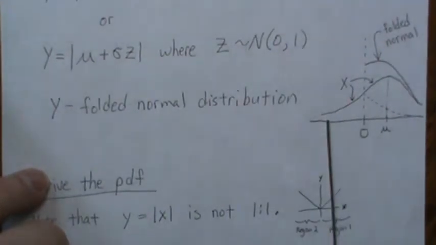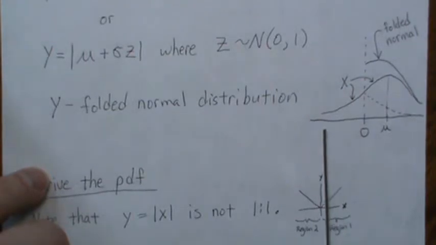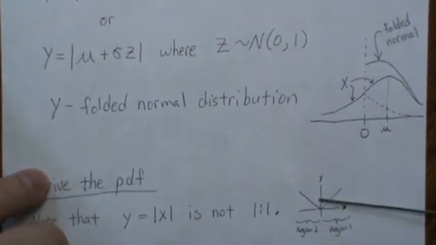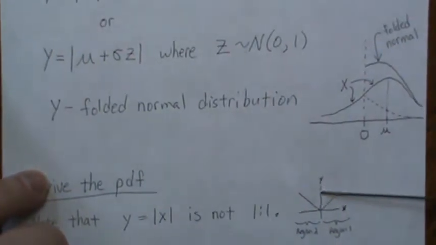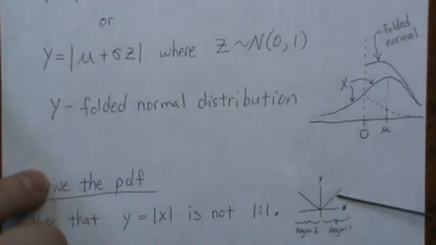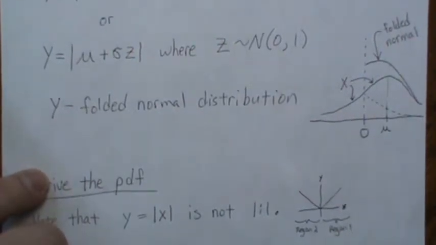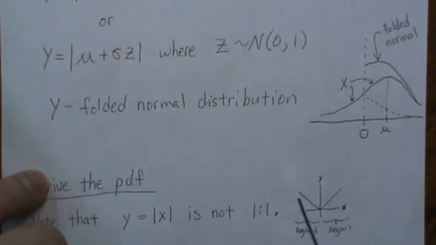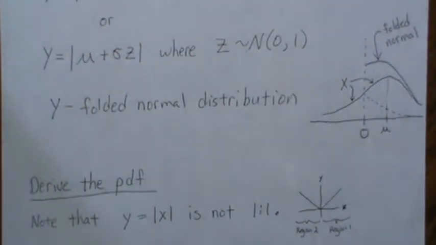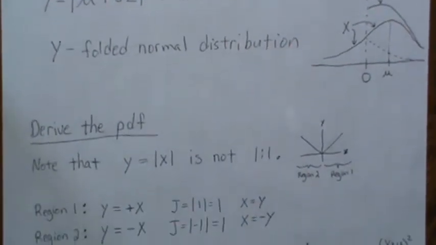It passes the vertical pencil test, only hits it once, and it passes the horizontal pencil test, it only hits it once in this region. Then we'll call this region 2, and it's also a one-to-one function. So we have to do it piecemeal, over each region, then add them together.